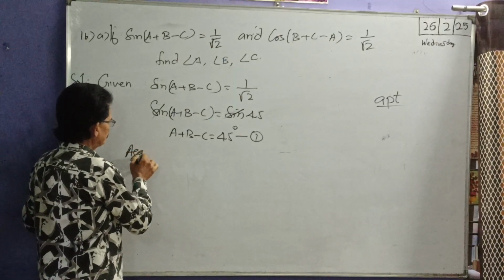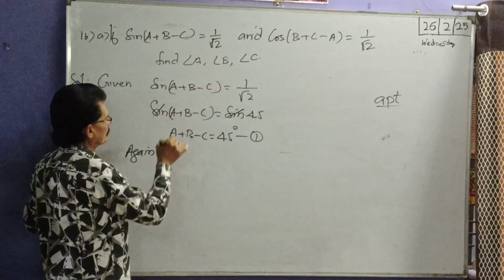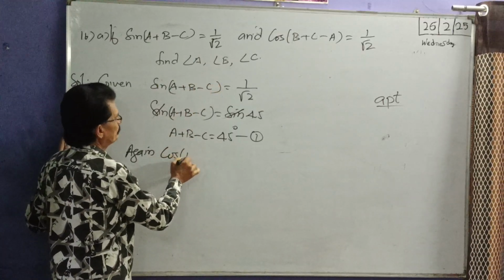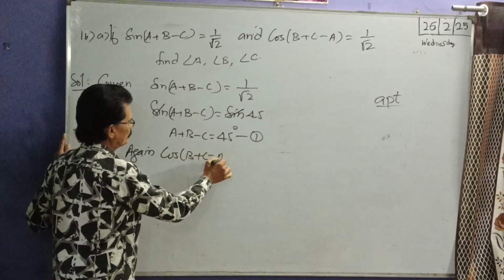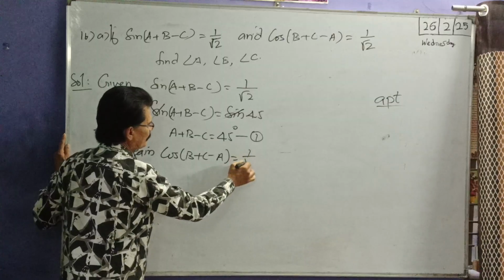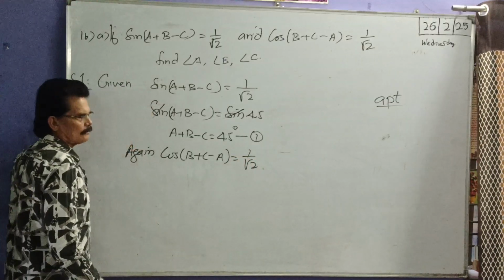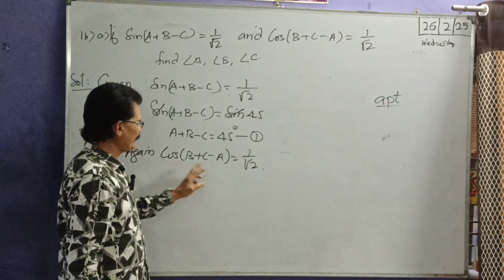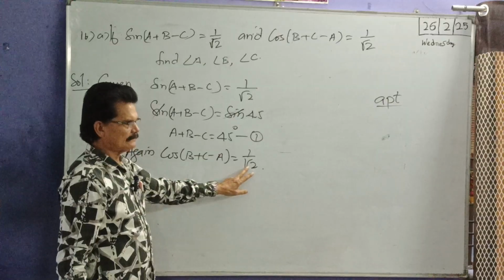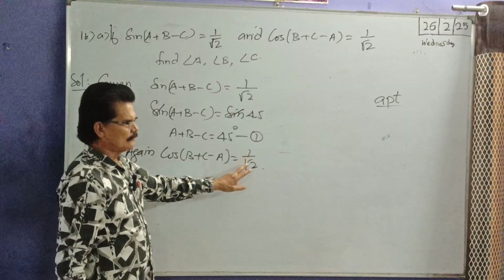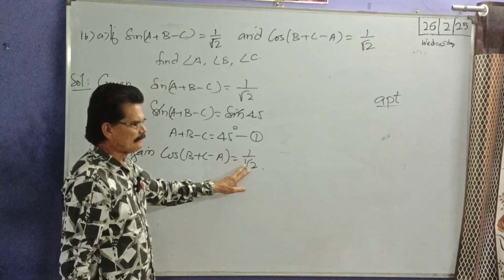Now again, the second condition, cos(B + C - A) is equal to 1 by root 2. So 1 by root 2 we have to get in cos. So it is cos 45. Why?